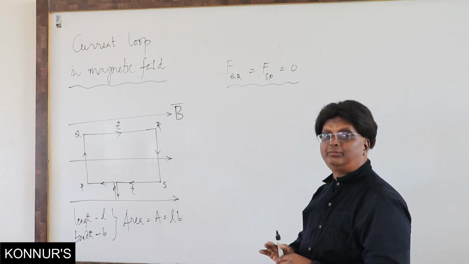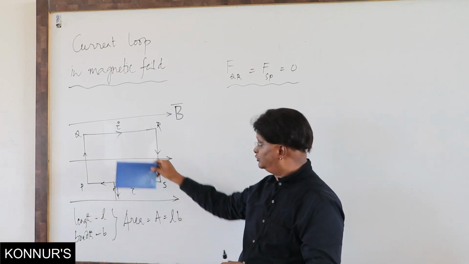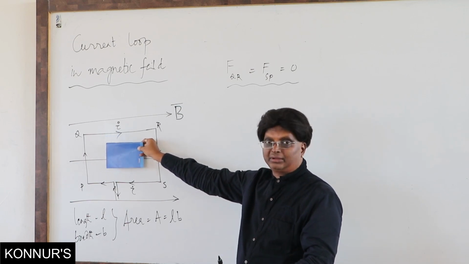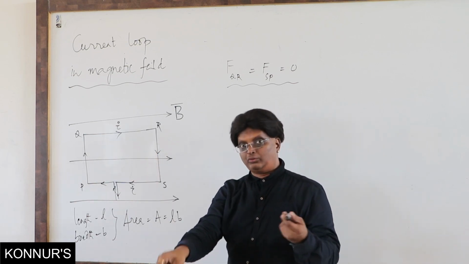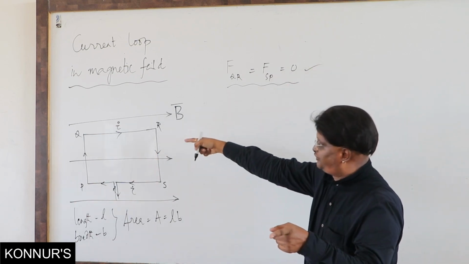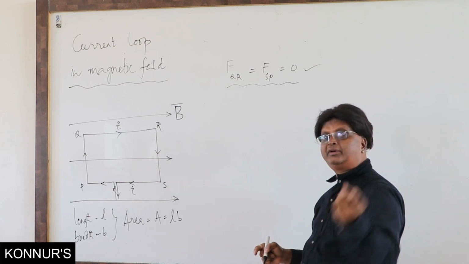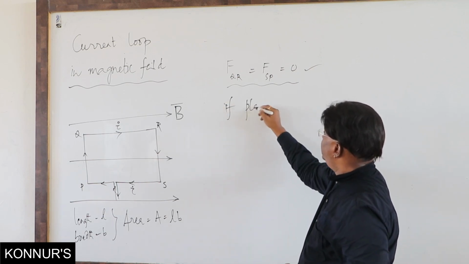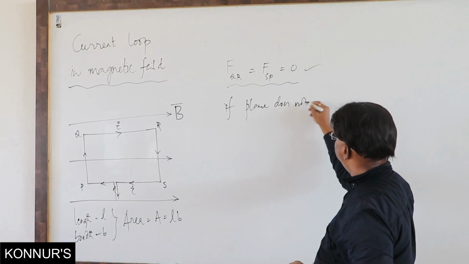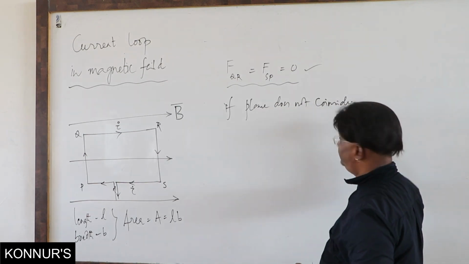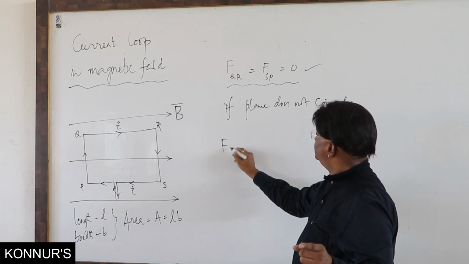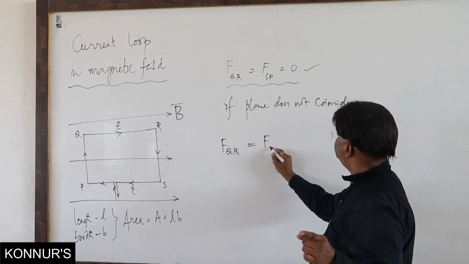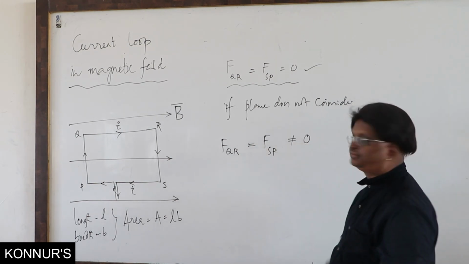Now this is the case we have discussed when the plane of the loop coincides with the plane of the magnetic field. Supposing it is not, then what happens? This is the possibility for the given geometry, for the given placement or orientation. For any other orientation, if the planes do not coincide, then F_QR equals F_SP and it is not equal to 0.